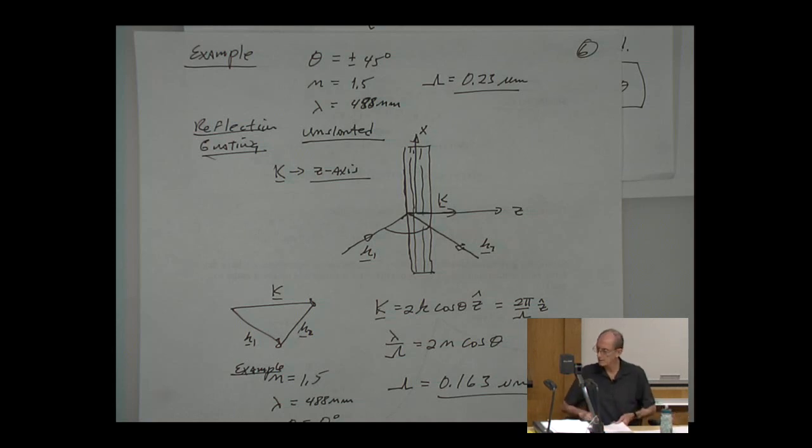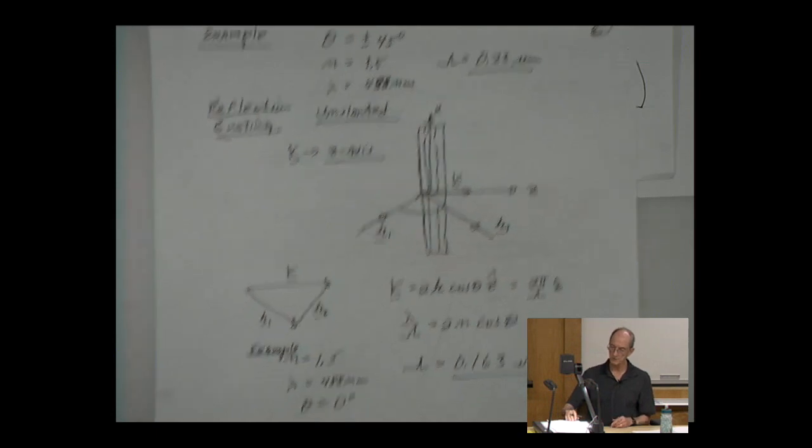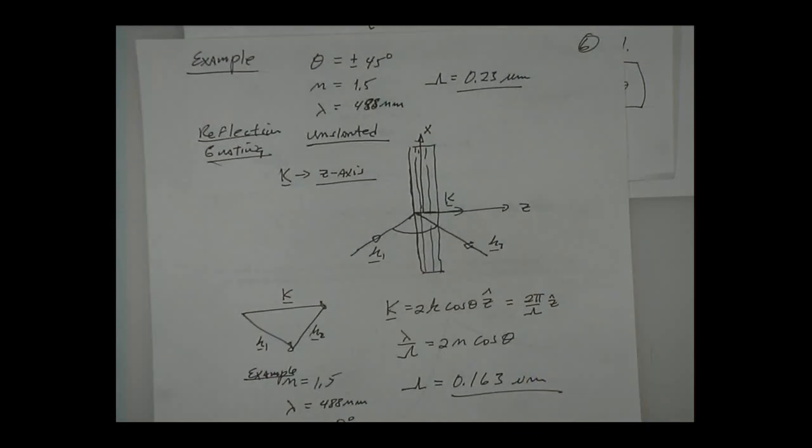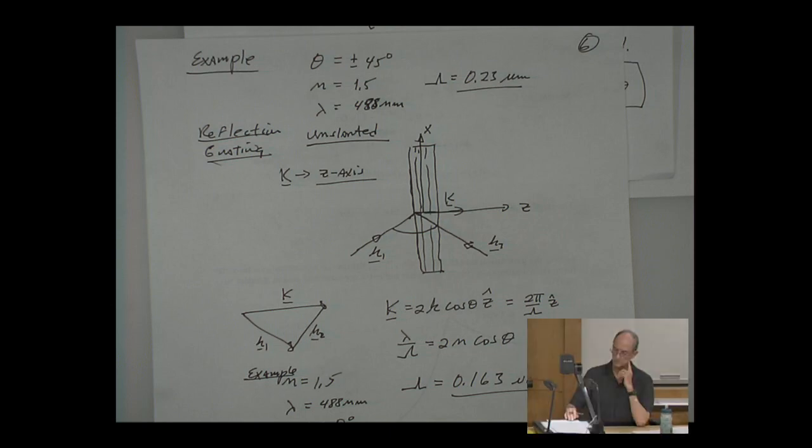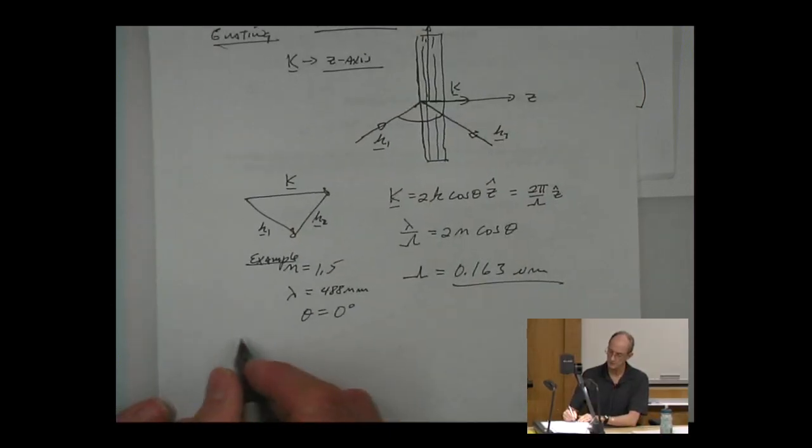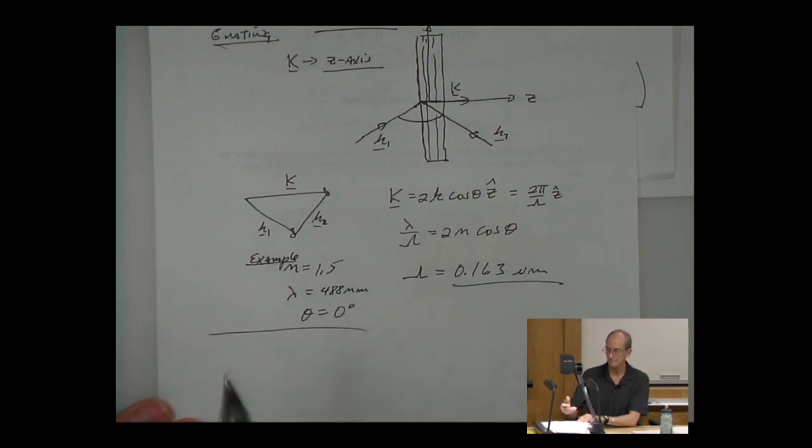Okay, so now I'd like to, so we have the grating vector, we have a way of making the grating vector. That's one tool that we have. There's another tool, more of a visualization tool, and that's the Bragg circle.